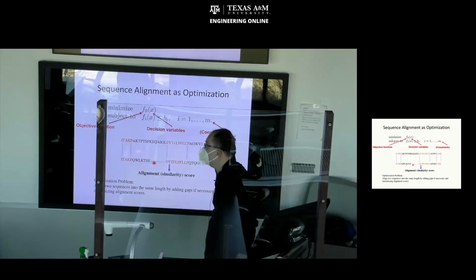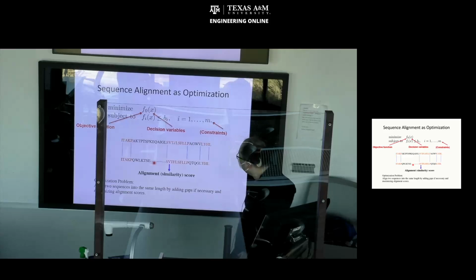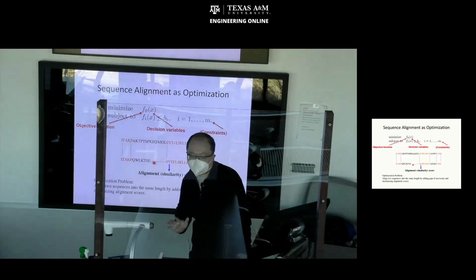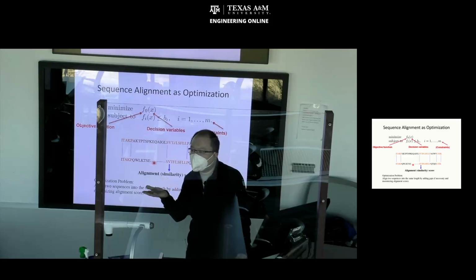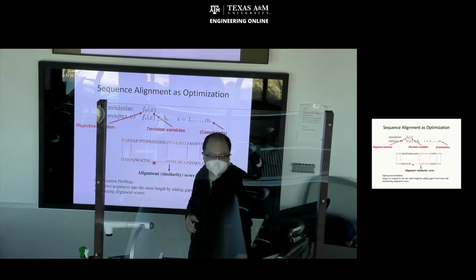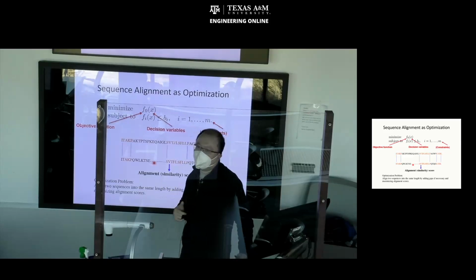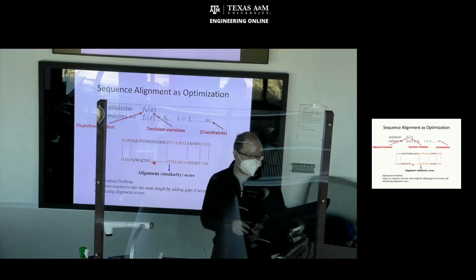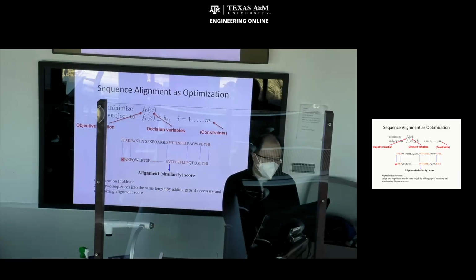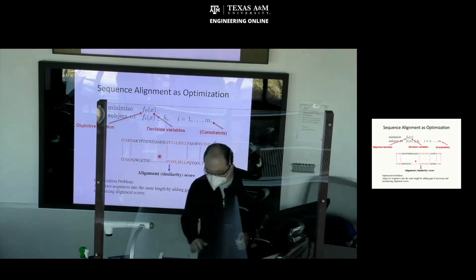It's not like the xi or xj we just defined in the diet problem. That is okay. It's a little bit more abstract, but right now you can think of it as determining when you align and when you insert a gap or something like that. We'll make it more clear in the next slide, okay?